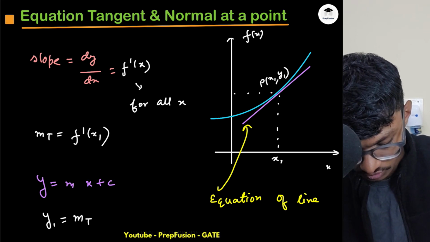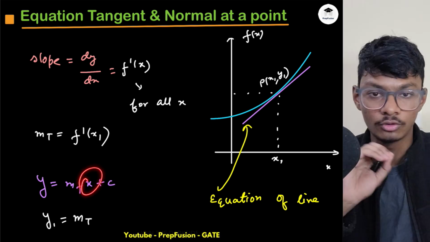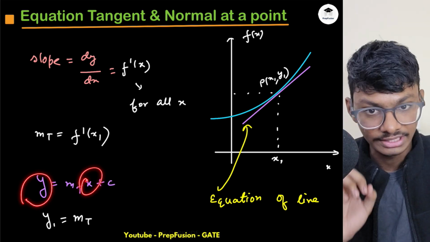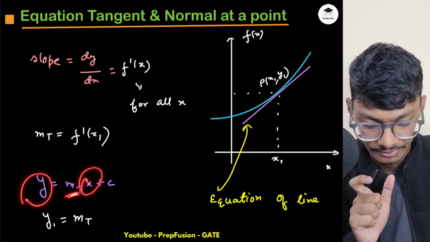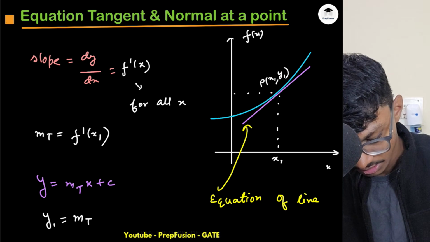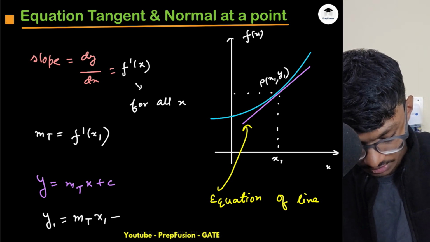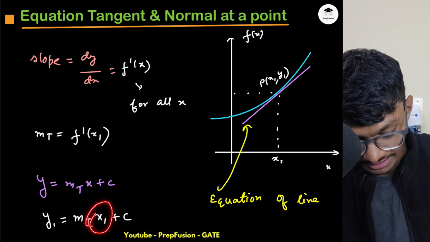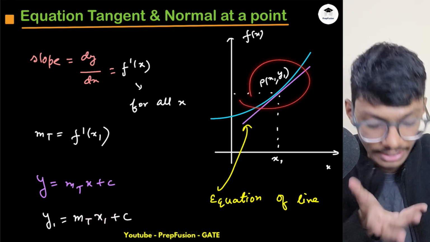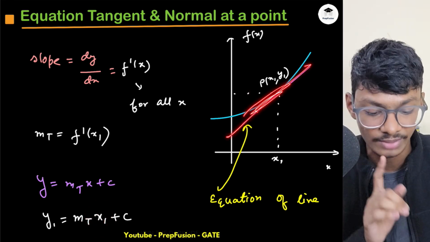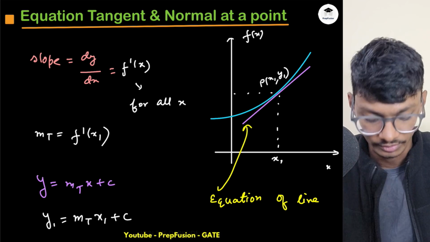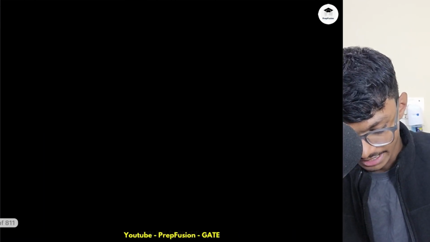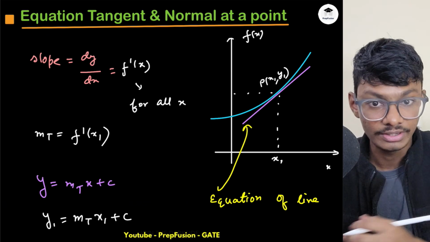Obviously it has to satisfy this slope, right? For any value of x, this should yield my y as a relation like this, mt x plus c, and this is mt of x1 plus c, because this also has to satisfy it. X1 and y1 have to satisfy this point. I can directly see visually that this line is passing through this point P, x1 comma y1. So now I can derive my answer.